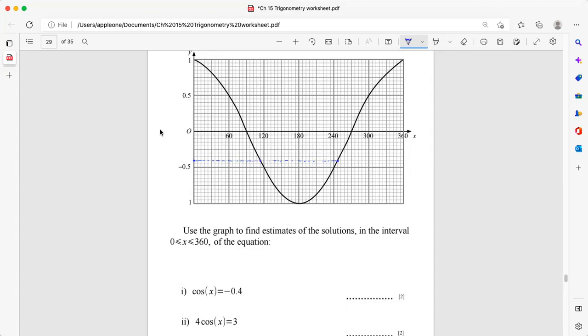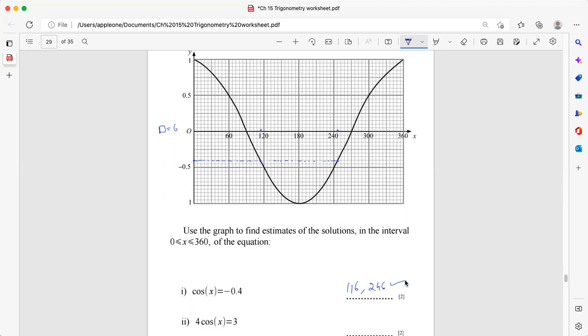Check these values. If you see the box, one box is 6. So if you go here, this point is 116, and if you go here, this point is 246. So these are the answers. Now, please confirm. I always ask my students to confirm the values. Let me check. Cos 116, sorry, not 216.